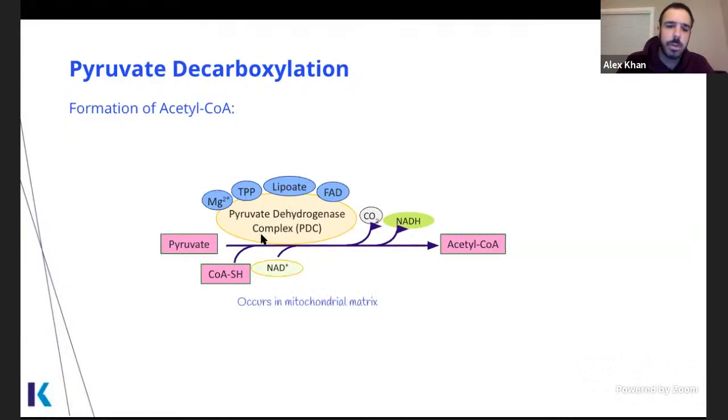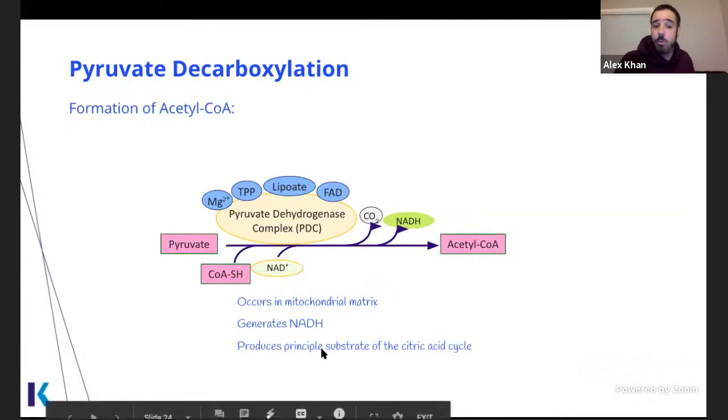All right, so what's going on here? Like we mentioned, we're going from a 3-carbon molecule pyruvate to acetyl-CoA, which is 2 carbons. It occurs in the mitochondrial matrix, right? It's going to generate 1 NADH molecule per pyruvate, and therefore 2 NADH molecules per starting glucose molecule. And essentially, its raison d'etre is that it produces the principal substrate in the citric acid cycle.